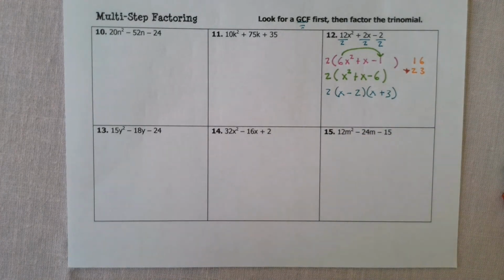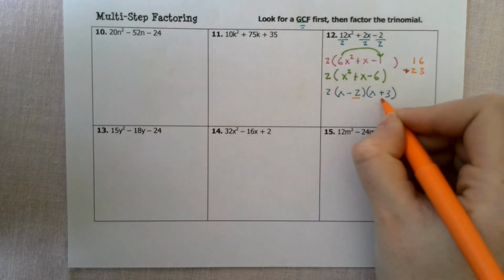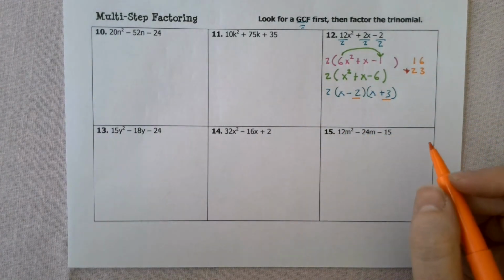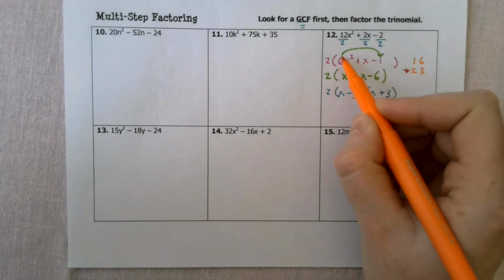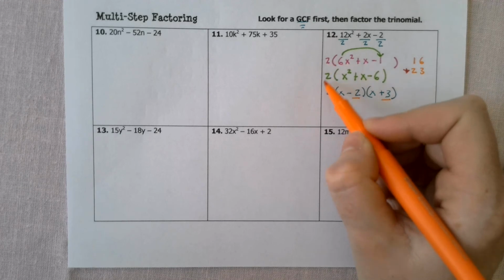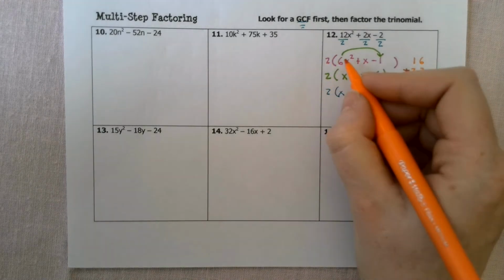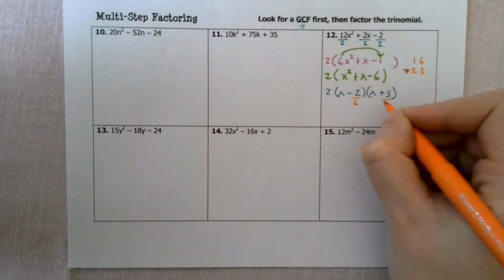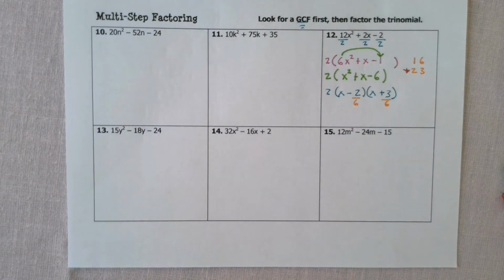Alrighty. So then we are going to divide by what we multiplied by, which remember was this 6, okay? Remember, always inside the parentheses, never outside. Always inside. So we're going to divide by 6. We are going to reduce our fractions.